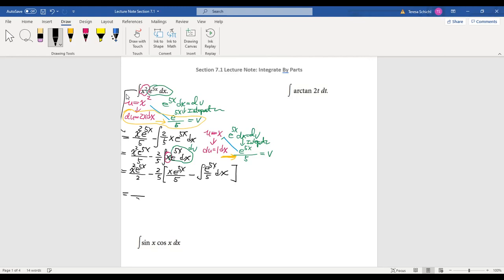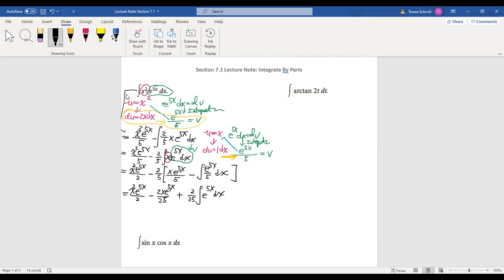So this is 1 over 5 x squared e to the 5x. Now here, this will be minus 2x e to the 5x over 25, plus plus, so it's a plus, 2 over 25, then the integral of e to the 5x dx.